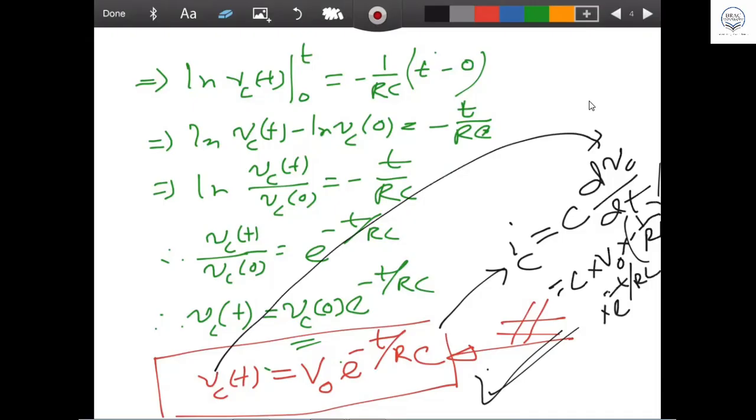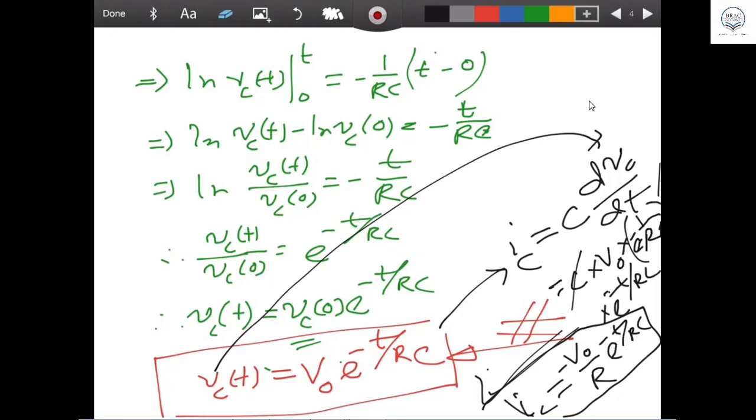And if you simplify, RC coming there, C and R, so the C cancels out. So you are getting V naught by R, and minus sign will be coming, and e to the power minus t by RC. So that is your IC. This will be the IC equation you should get from the VC equation.